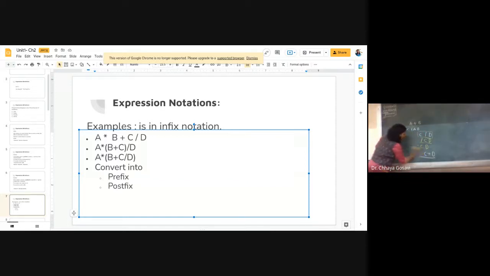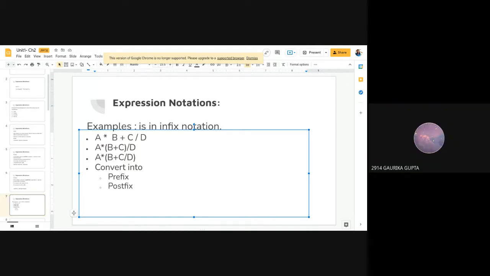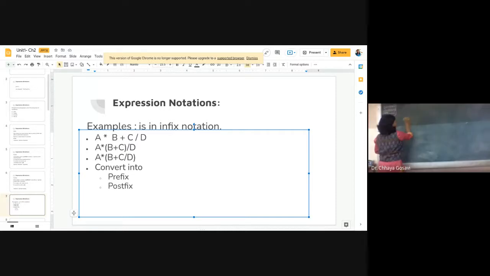So let's take another example. The second example: A star B plus C slash D. Ma'am, can we do the previous example in postfix also? Can you show that also? Okay. So A star B plus C slash D. Here brackets are not used and star and slash have the highest precedence.